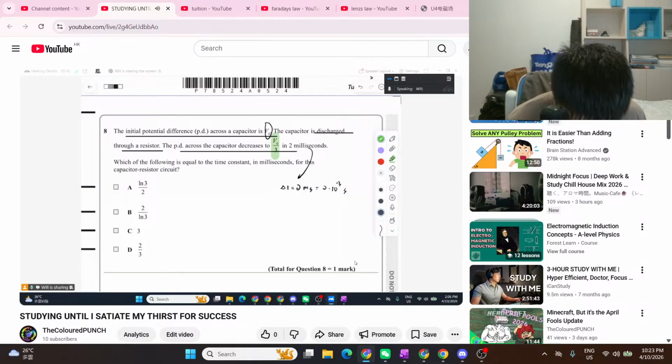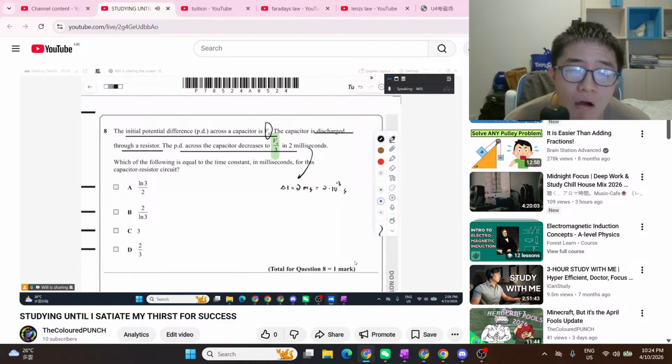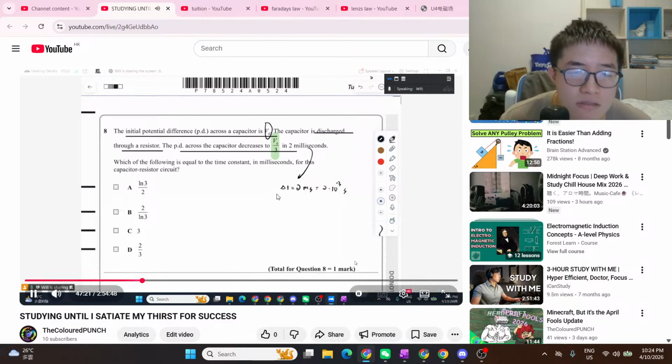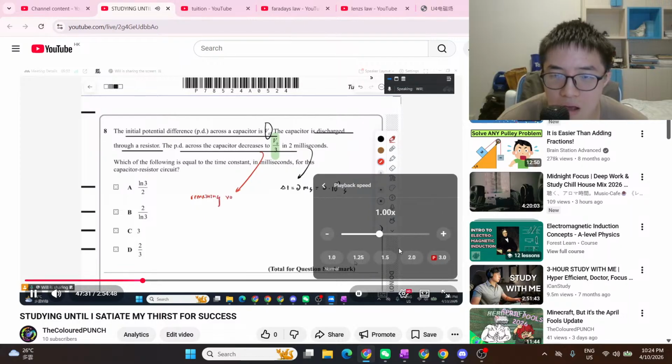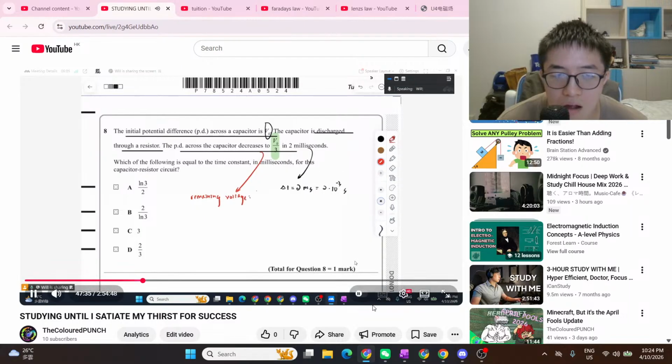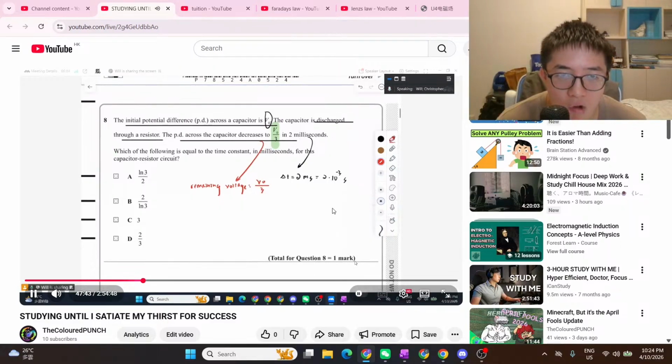It decreases to V zero over 3, which just means the remaining voltage, right? Remaining voltage is V zero over 3. Understand that? Okay, so which formula can we use to calculate the time constant?